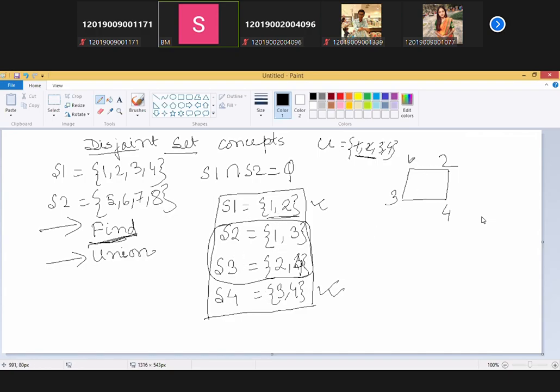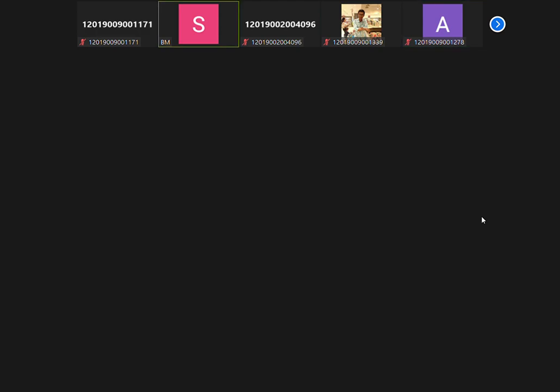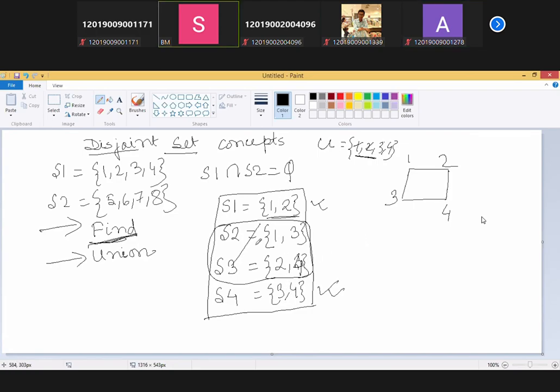Actually no. Whenever you go for finding 1, where it is available now, and 3, where it is available now in this set. So whenever your find operation finds two different nodes in different sets, then forget about this initially. These are being formed from here.